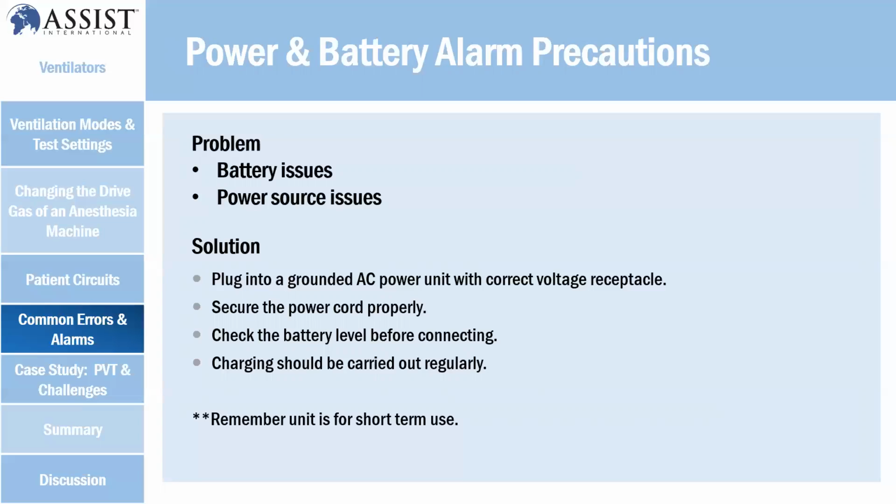If there is any power failure, the battery should work for a certain period of time. So make sure this precaution is handled carefully and the battery is there, because these are life-saving equipment. Anything that goes wrong is going to affect the patient.